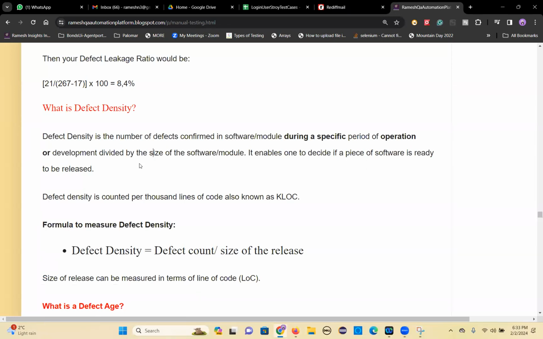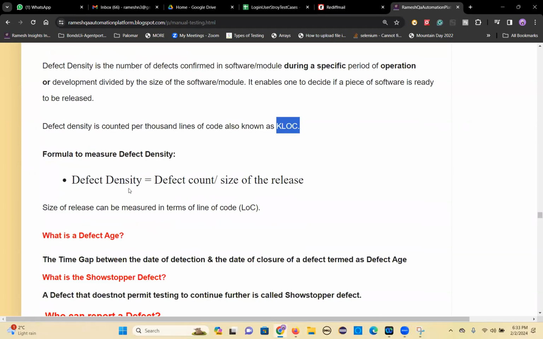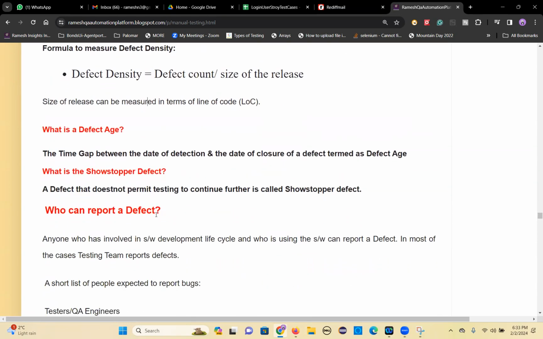How can you measure the size of the application? People will measure it in KLOC. 1000 lines of code is called 1 KLOC. Based on that, it will be calculated. So total defects divided by the size of the application, that is what defect density means.